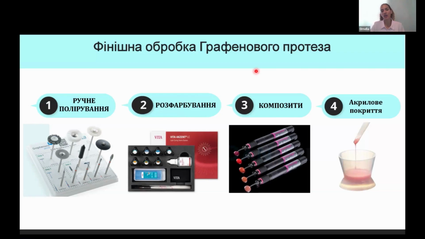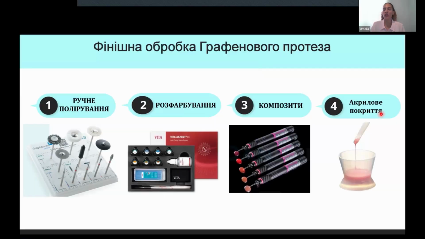In another option, we can also use conventional acrylic, auto or thermo. If we use thermo, it's important not to go above 100 degrees for the polymerization of this resin. And this could also be another option for aesthetics for the pink gingiva.